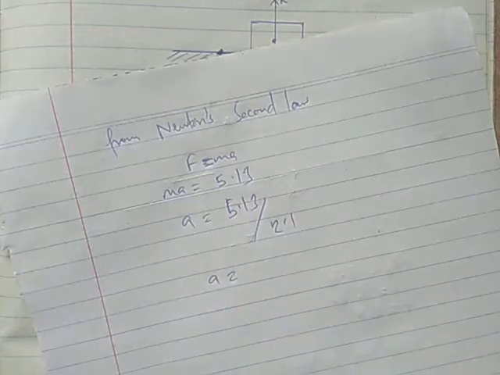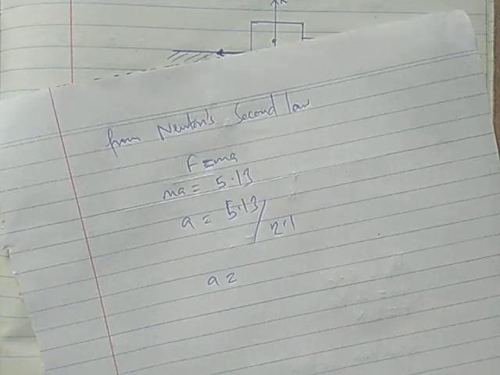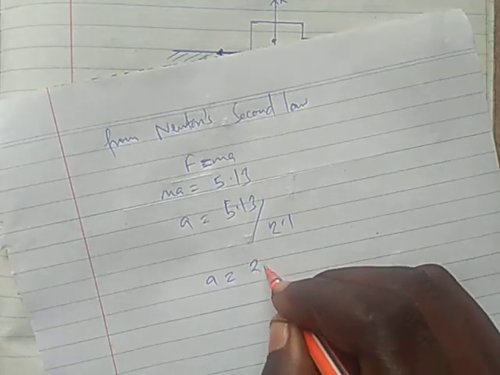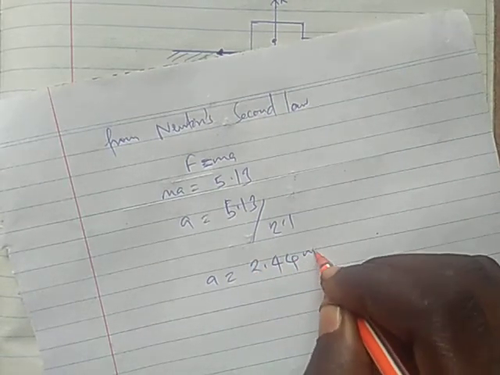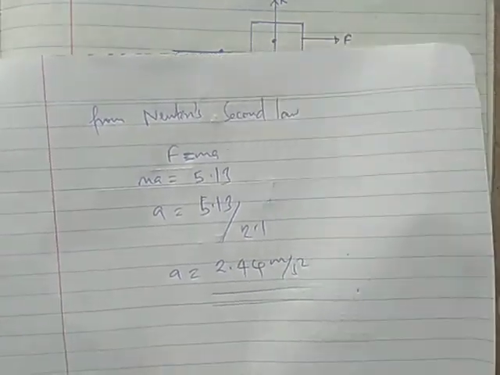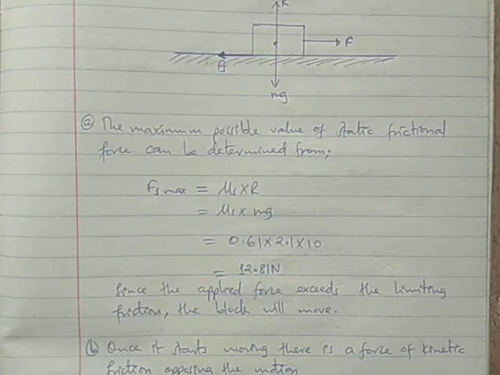So acceleration itakuwa sana, ukichukua answer yako kwa 2.1, you get it is 2.44 meter per second square. That will be the acceleration of the block when it starts moving.